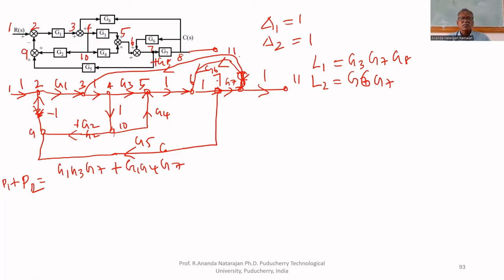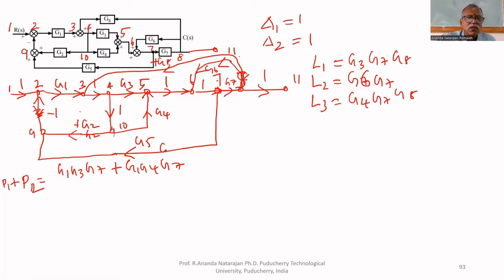L2 equal to G6, G7. Am I correct? One more loop I am finding: G3, G7, G8. Instead of G3, I can consider G4 also. Therefore, L3 equal to G4, G7, G8. Can I tell like that?